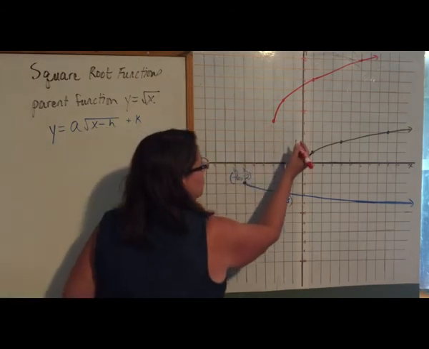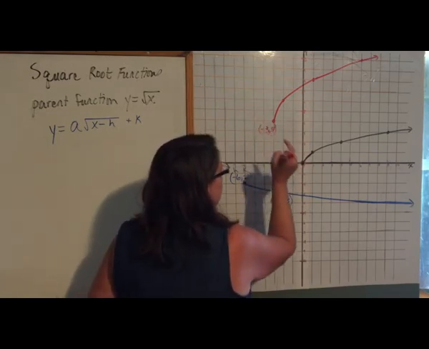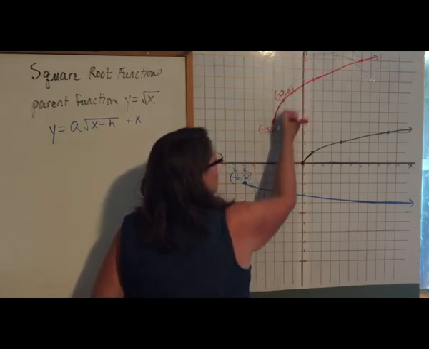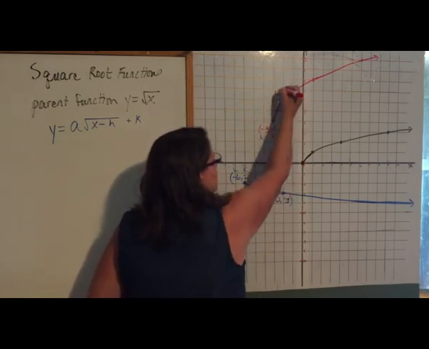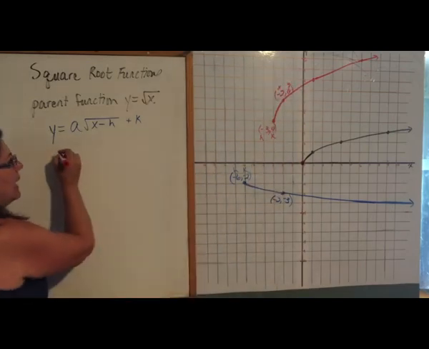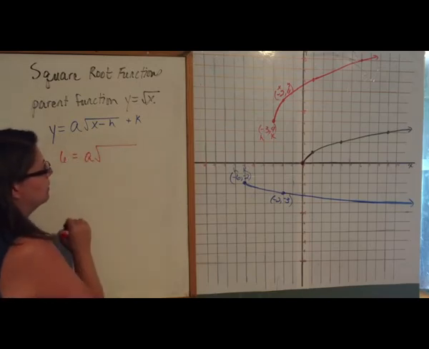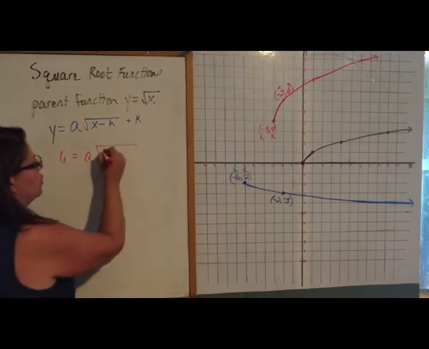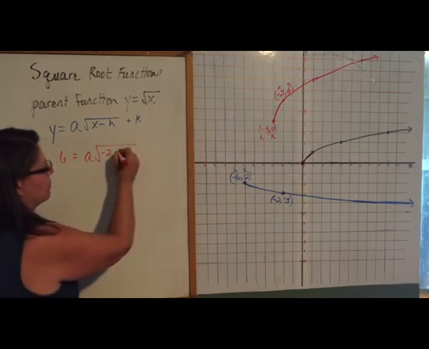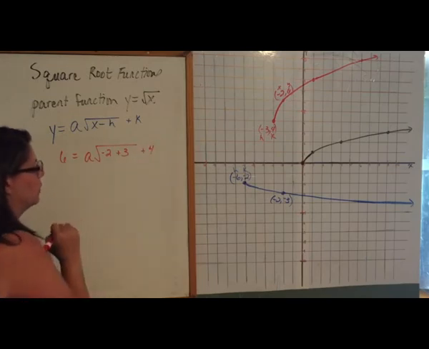Here, my starting point was at negative 3, 4. Another point on the graph was at negative 2, 6. So this will be my h, k, and this will be my x, y. So if I plug in, y is 6 equals, we don't know what a is. x is negative 2. It would be minus negative 3, so plus 3. And then my k value is plus 4.